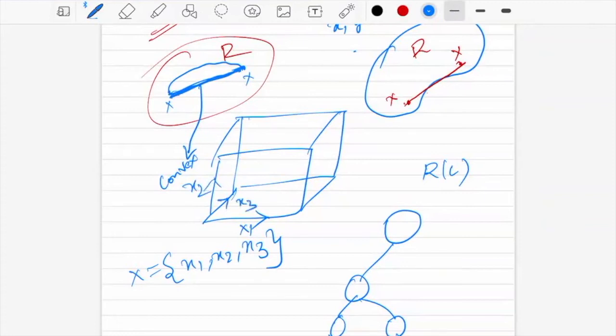So if we are going to prove the lower bound, like if you are going to prove that R of L is connected, I mean these 3 points are connected.